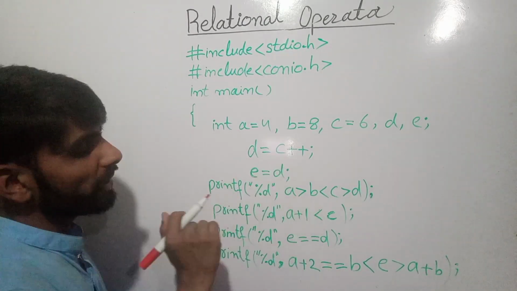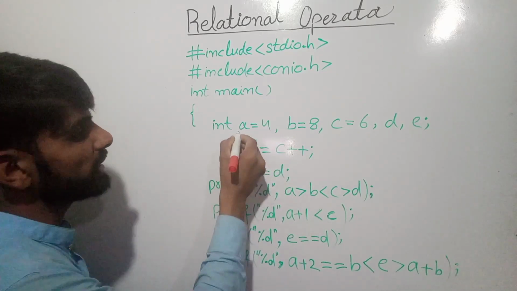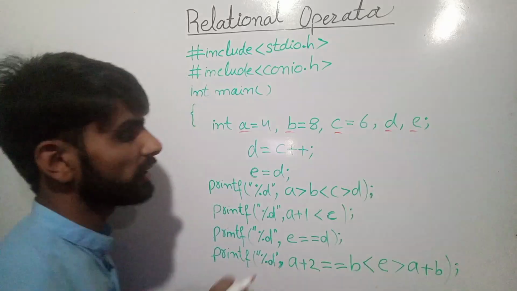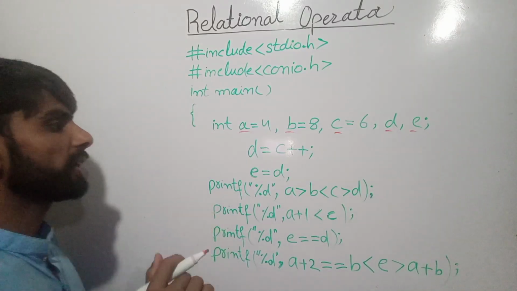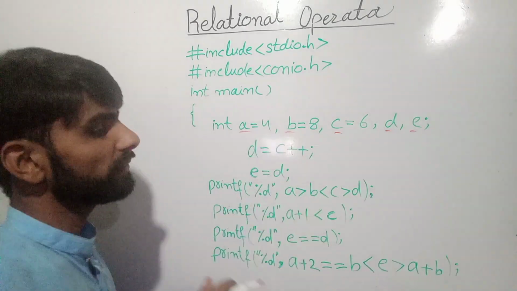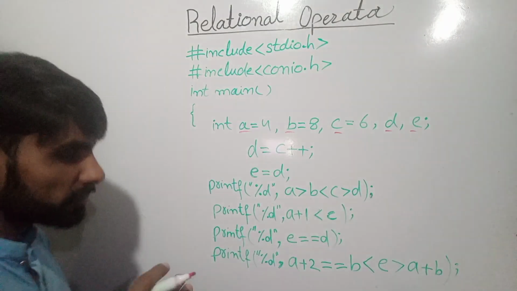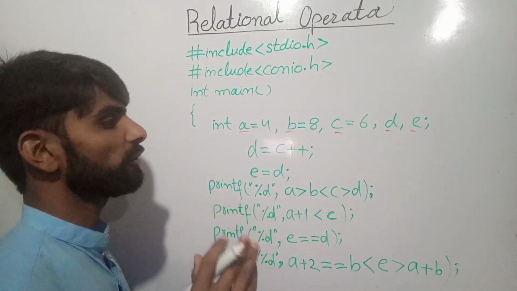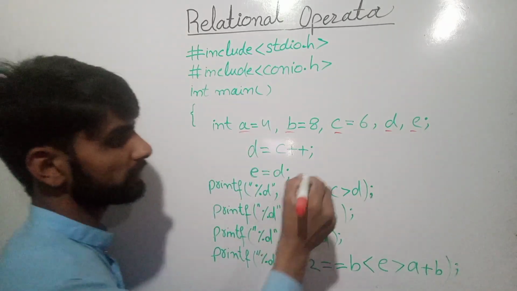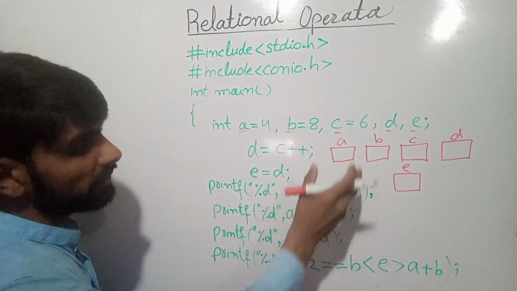So this is a simple program example. In this program I have declared 5 variables, a, b, c, d and e, right? That means when this line is executed, 5 spaces will be allocated in memory to store the values.